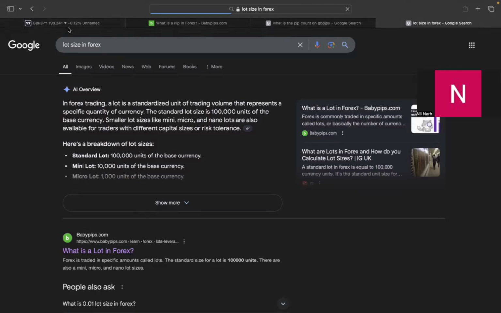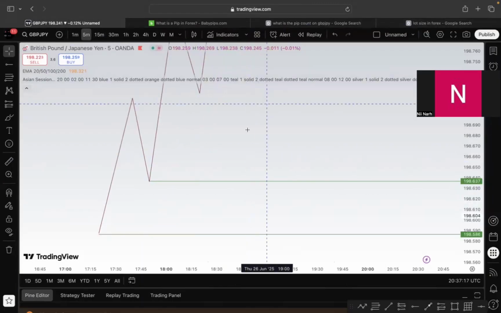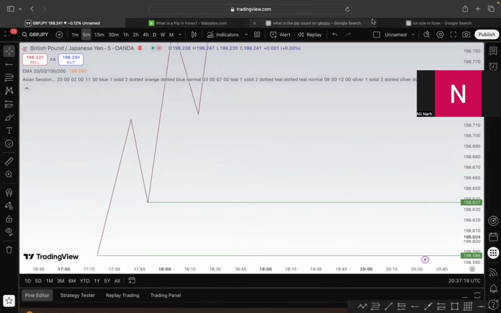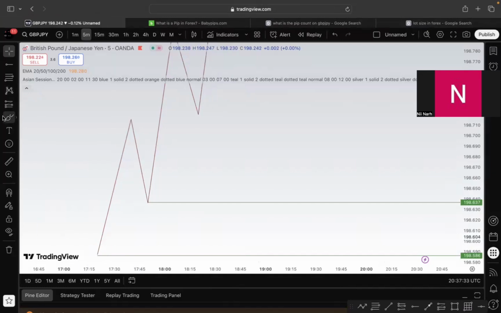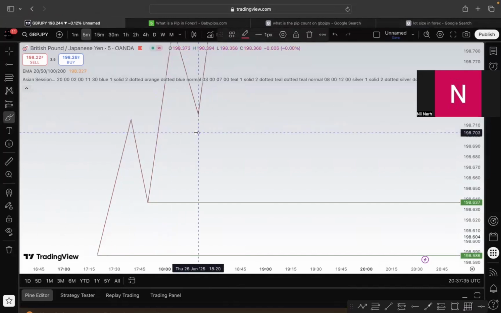And with lot sizes, we have standard lots, micro lots, mini lots, and so on. Micro lots is 1,000 units of the base currency. Mini lots is 10,000 units of the base currency. Standard lots is 100,000 units of the base currency. Now let me show you how this works.